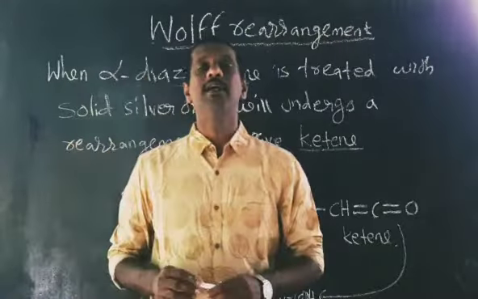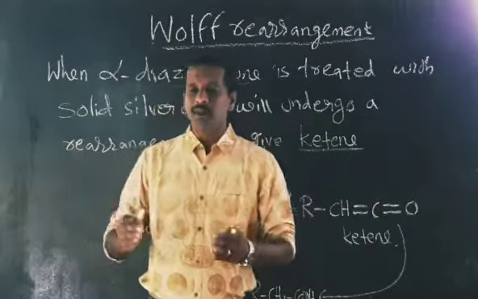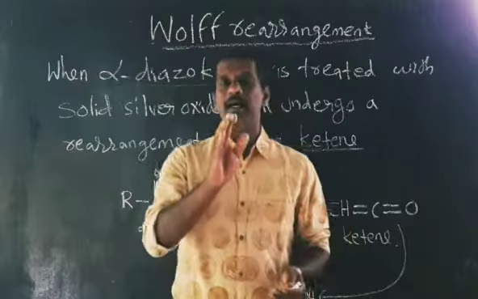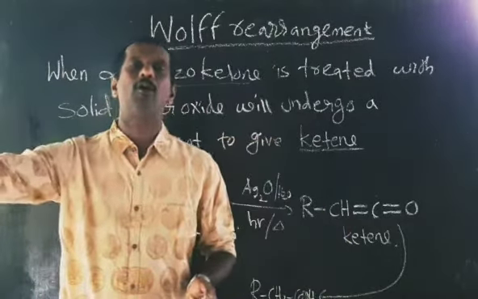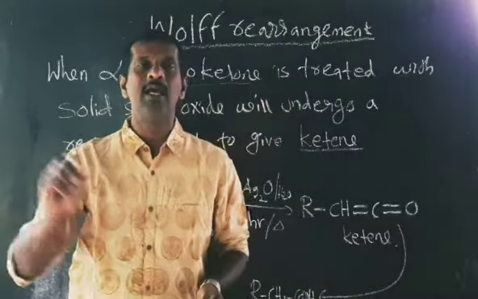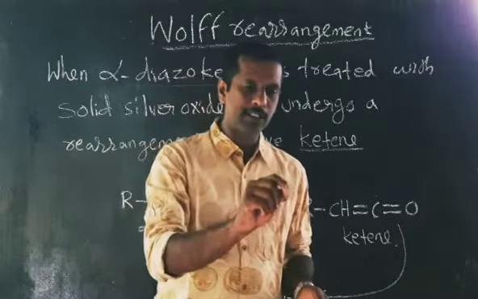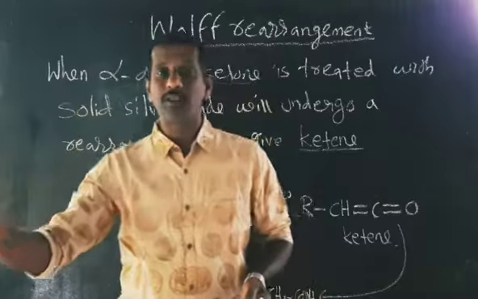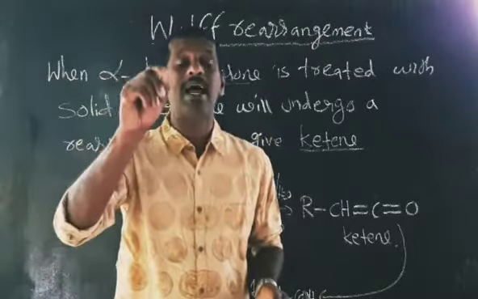And usually Wolff rearrangement comes when you convert a carboxylic acid into a higher homologous acid. What do you mean by a carboxylic acid into a higher homologous acid? The conversion of a carboxylic acid into another carboxylic acid with one additional carbon atom.